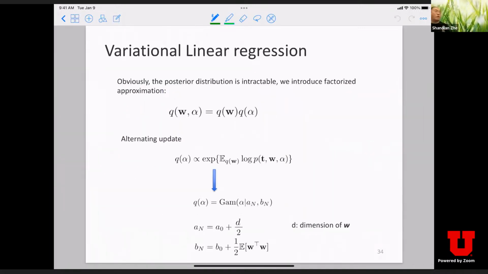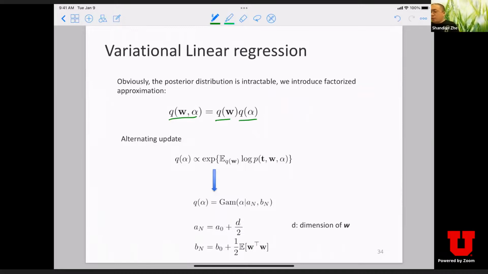So then, how do we do this? We can't compute the exact posterior of W and alpha given the data T, right? So we're going to use mean field variational inference. Here we assume the approximate distribution of the posterior of W and alpha is factorized as posterior of W times posterior of alpha.